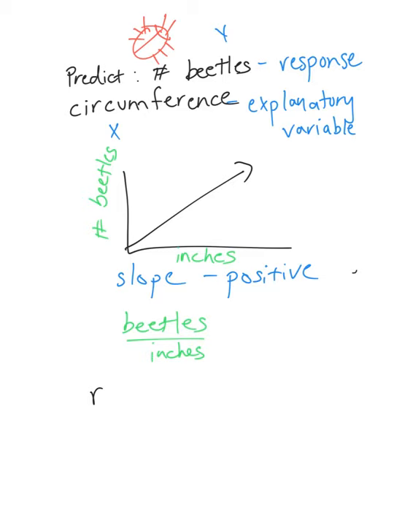Now let's say we went and got some data and we got an r squared value, and it is, let's say, 25.3%. What does that actually mean?